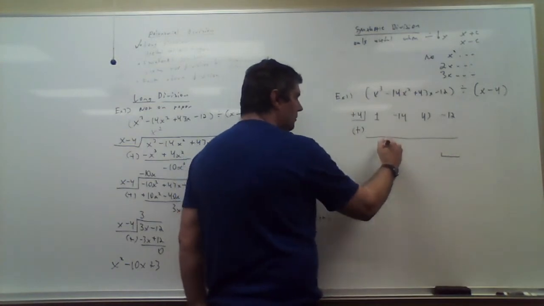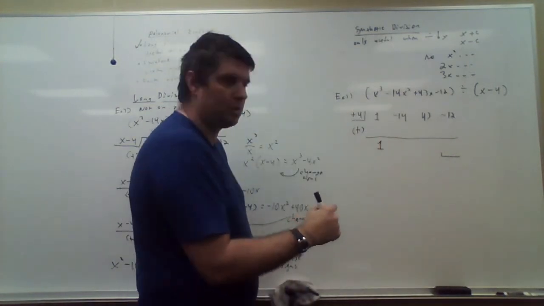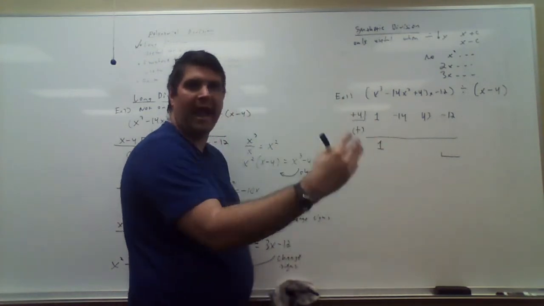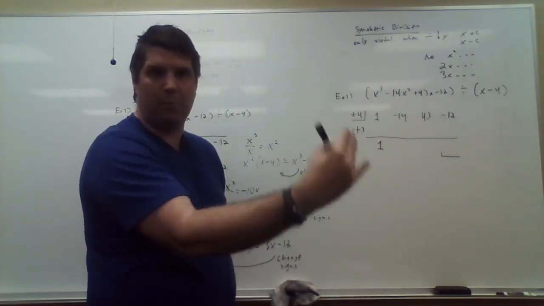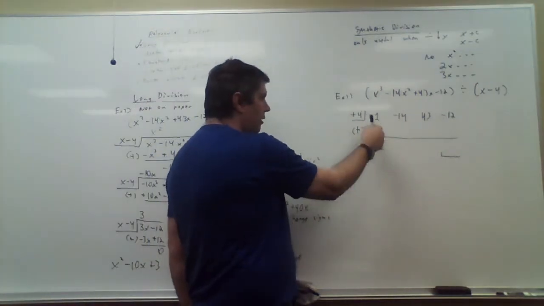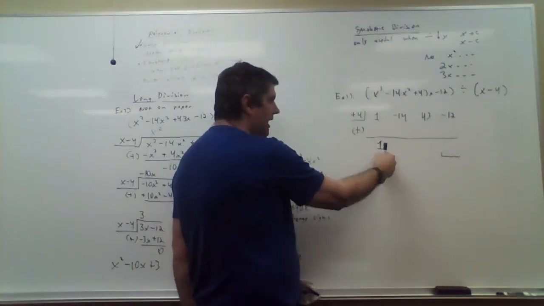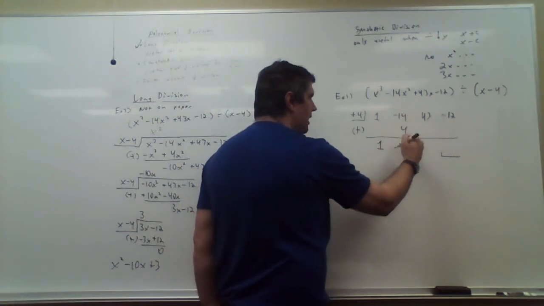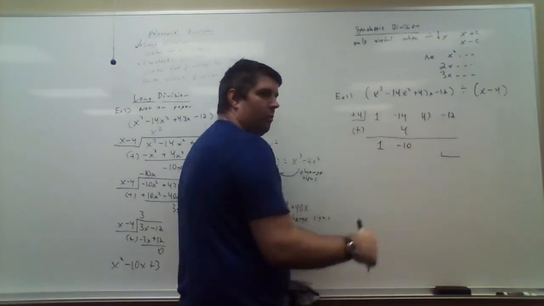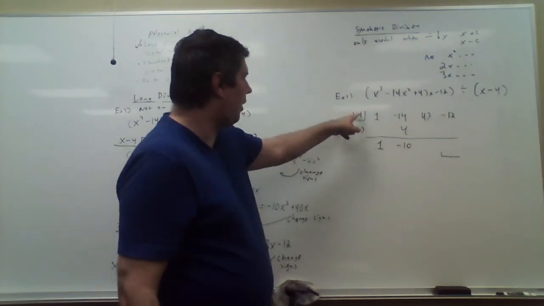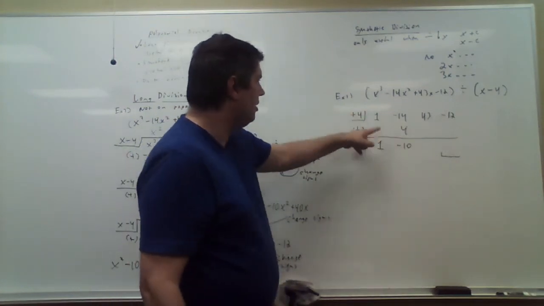Drop down the 1. 1 times 4. You'll multiply these. It's a multiply, add, multiply, add, multiply, add cycle. So drop, multiply. 1 times 4. Boing, 4. Negative 4, or you get negative 10 when you add these two. And then you will multiply. Negative 10 times 4. Bounce it into the next column.